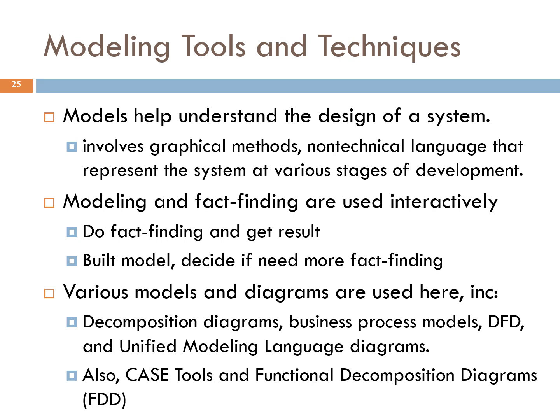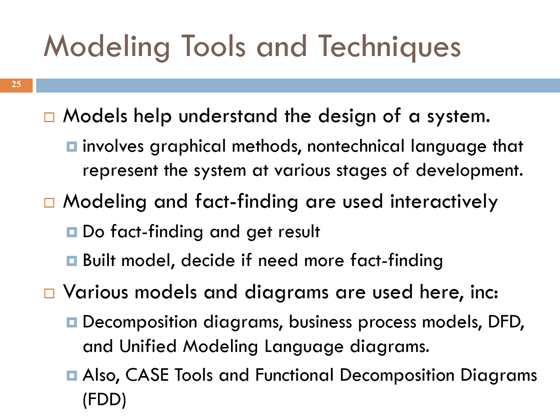Modeling and fact-finding are used interactively. The system analyst will do fact-finding and then get results from the fact-finding. Then from those results, they build a model, and looking at the model, they will decide whether they already have enough understanding or not.